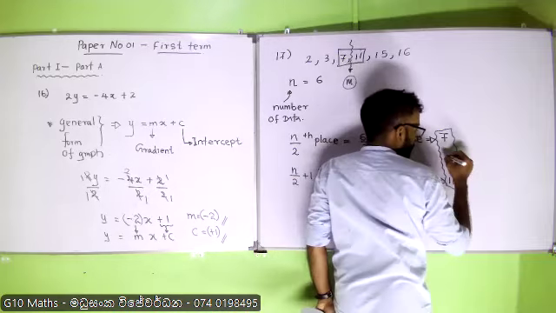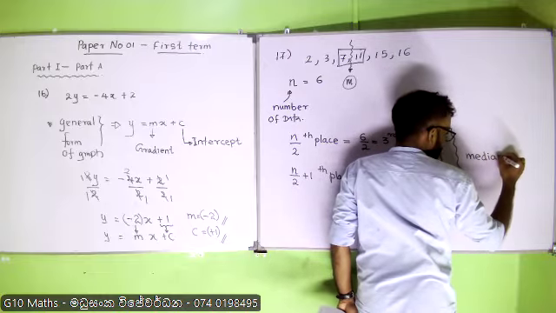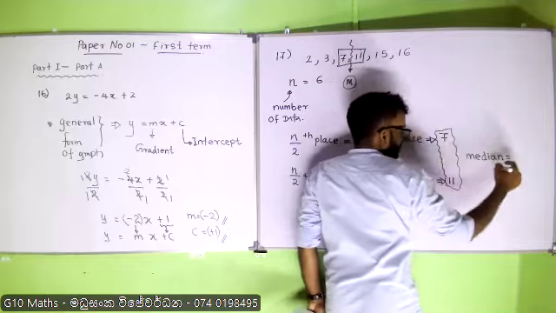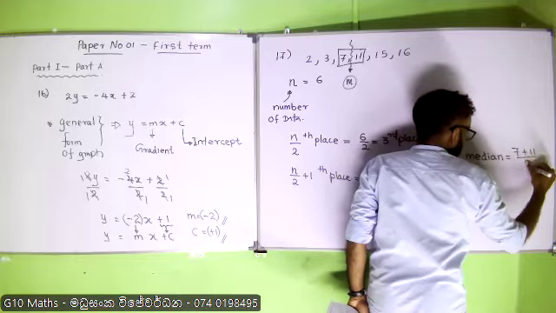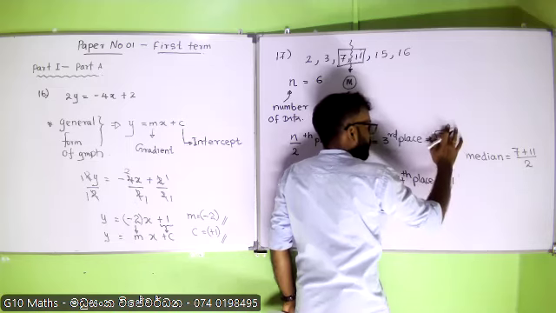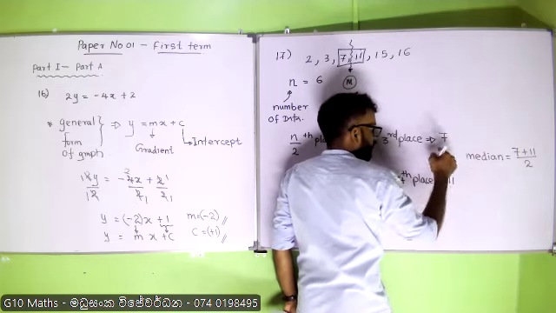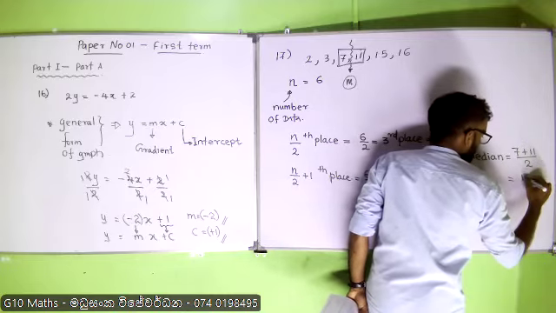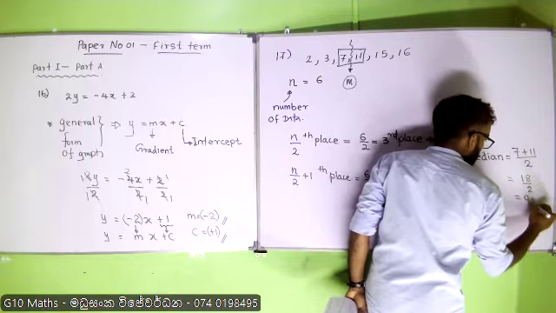So you find the median like this: median equals 7 plus 11, divided by 2. Add them together. That is how we find the median, the center value. 7 plus 11 is 18, and 18 divided by 2 is equal to 9. So your median should be 9.